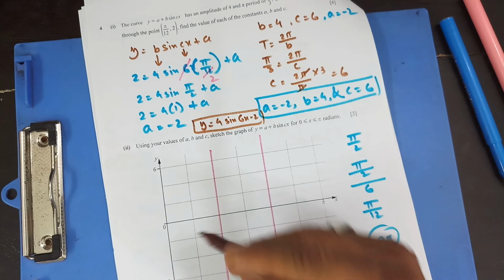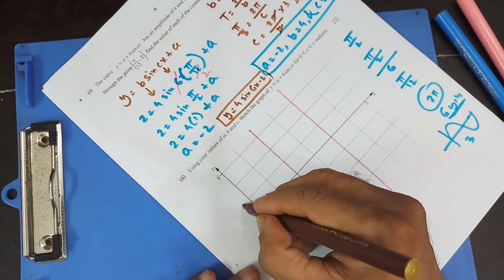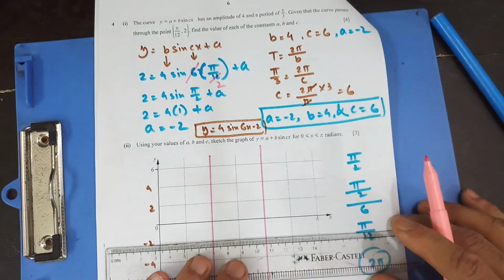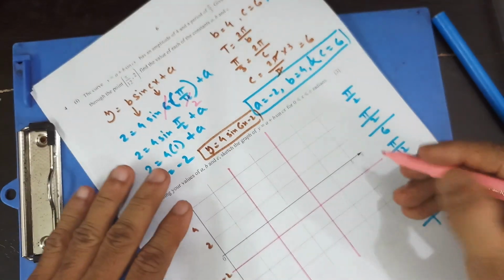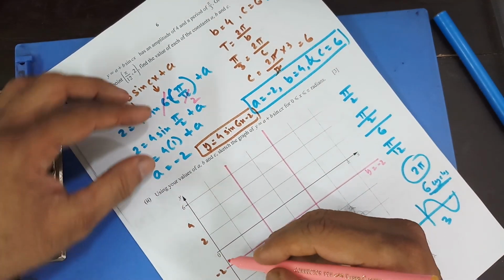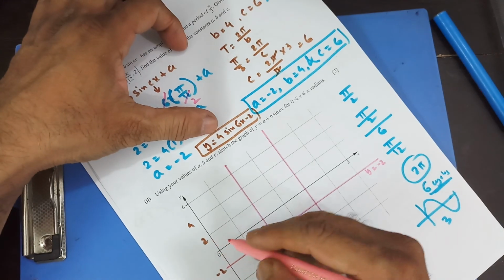So it's going to be minus 2, minus 4, and here 2, 4 the way they have given. So minus 2 should be somewhere over here. That's minus 2, and I'm going to write down y equal to minus 2. And then from here the highest is going to go to 4, so 2, 4 right over here.